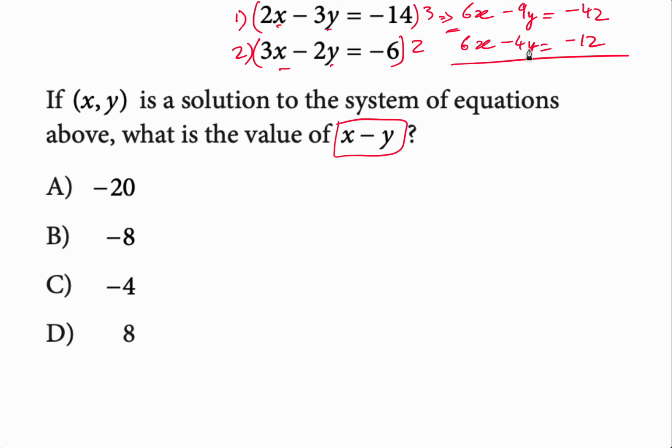So you have minus 5y over here equals negative 42 minus negative 12. So again, minus, that's positive, right? So basically 42 plus 12, that's minus 30. Okay, so if negative 5y equals negative 30, y equals negative 30 over negative 5, which is 6.